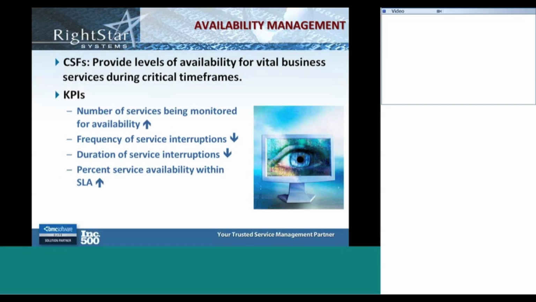And you'll notice with some of these KPIs, we want to indicate a direction. So what direction indicates success? Certainly we would want to see a decrease in service interruptions, a decrease in the duration of those interruptions, and we want to increase the overall service availability within our service level agreement limits or targets.